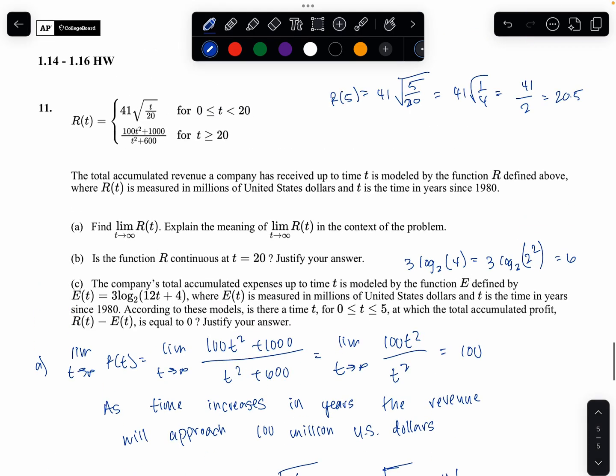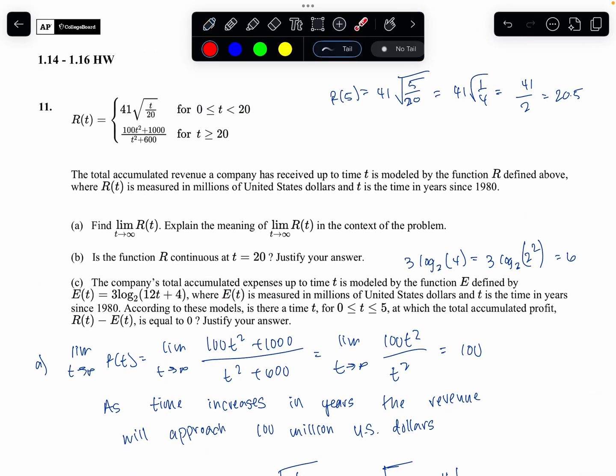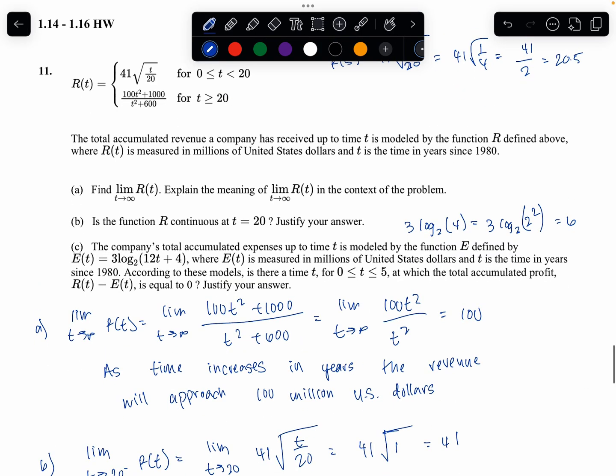Now I need to find E of 5. So E of 5 is going to be 3 log base 2 of 64, because 5 times 12 is 60, so plus 4. Okay, let's think. We gotta think in terms of exponentials. 2 to what power is 64?